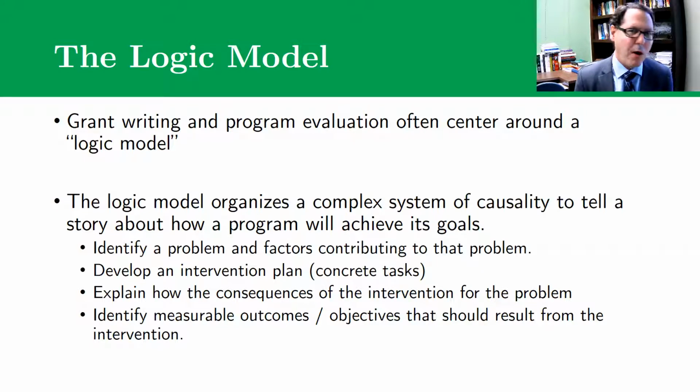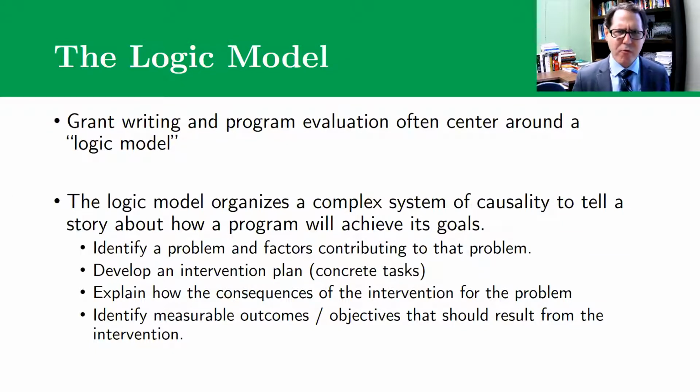And so as part of developing a logic model, you're going to want to identify what is the problem that you're working on, right? You're going to want to understand what are the broader factors that contribute to that in a larger world. What are the barriers that you face because of that problem or that make that problem worse? You're going to want to develop an intervention plan and figure out what are the concrete tasks that you can do that are going to counter that problem or work on that problem.